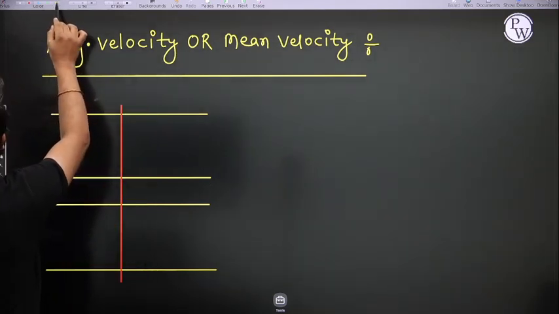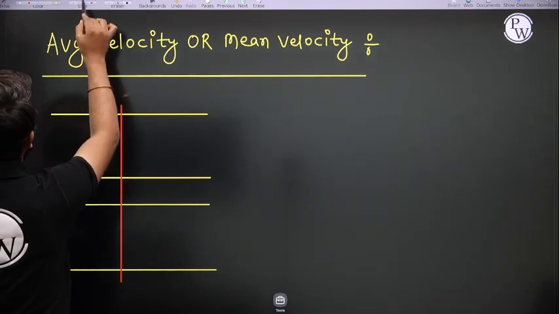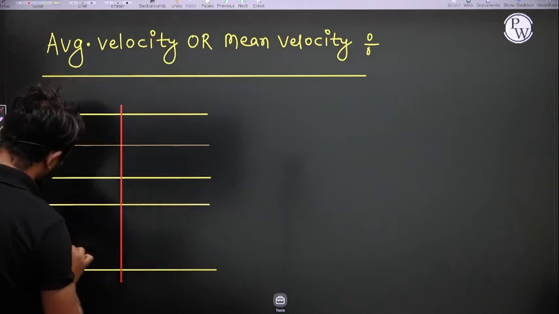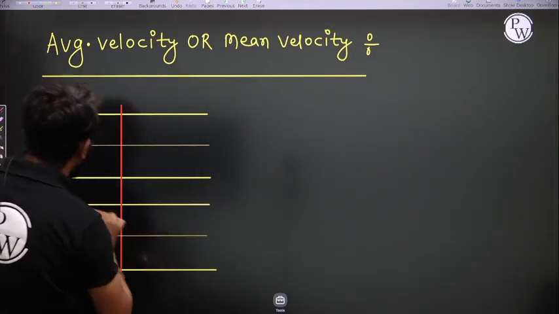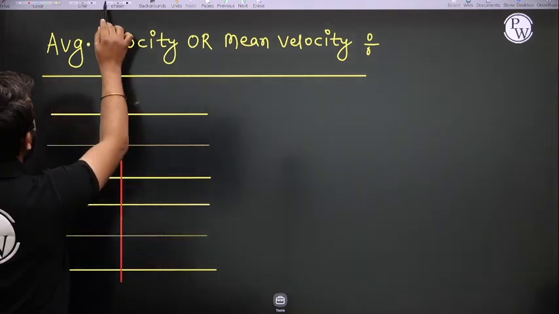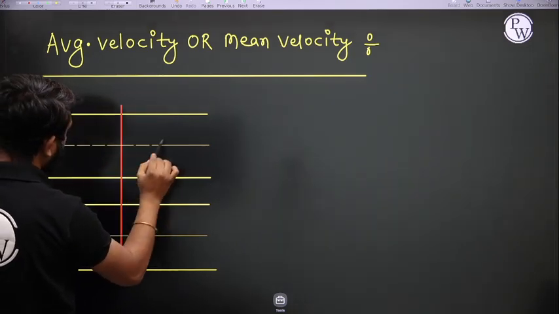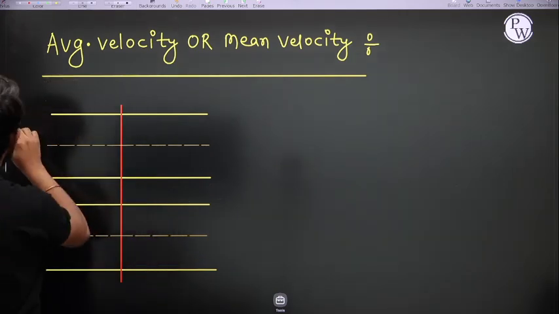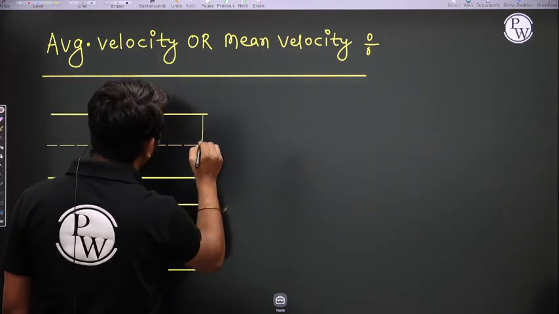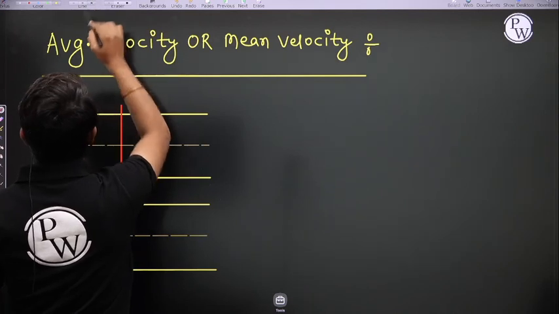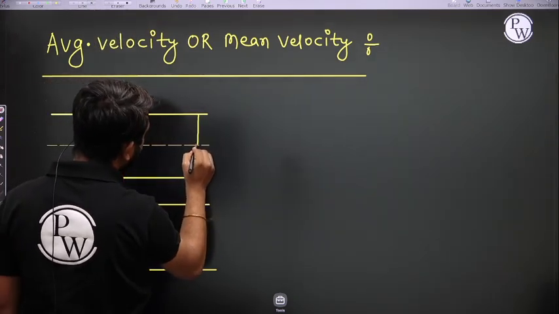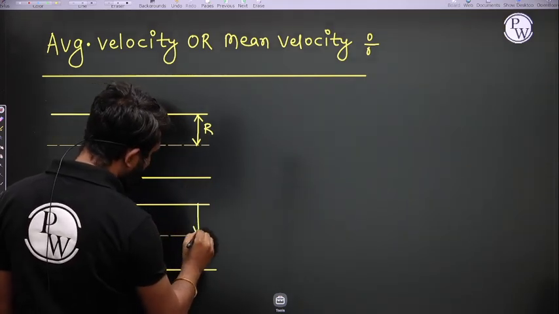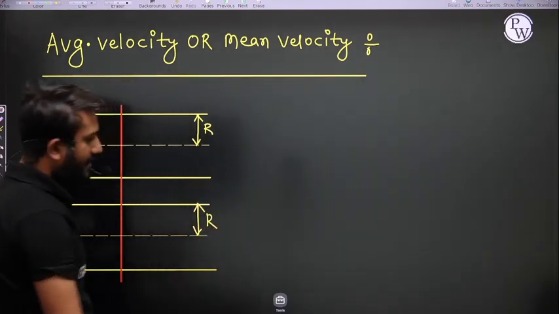Okay, this is a center line. Here also this is a center line. And the radius here is capital R, and here also the radius is capital R, right?